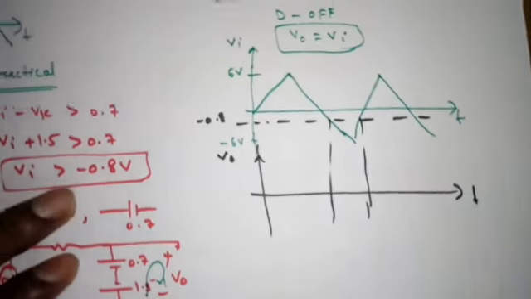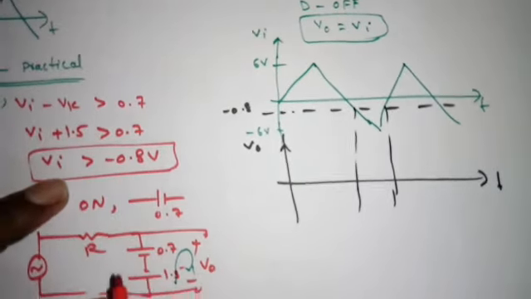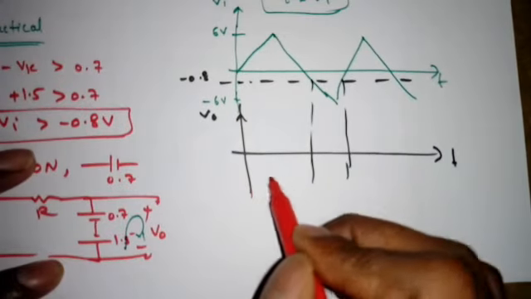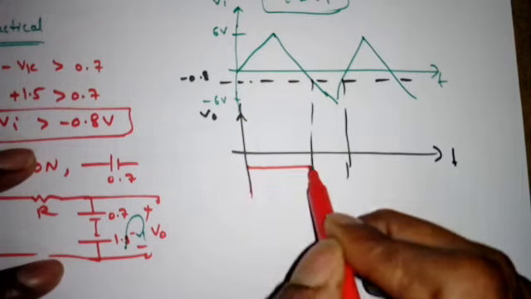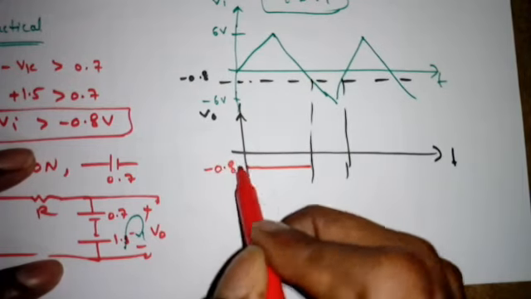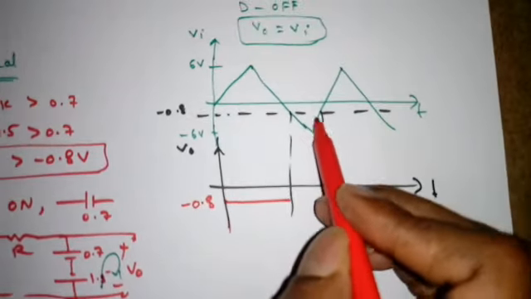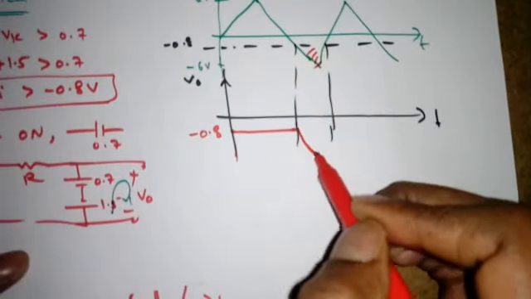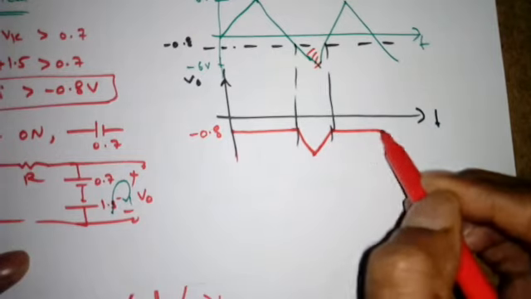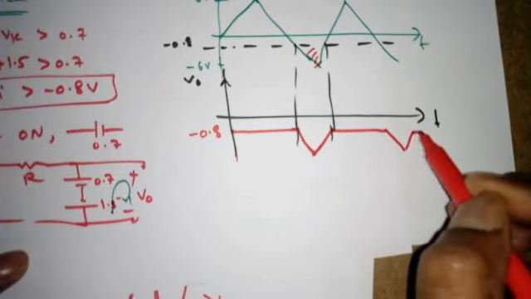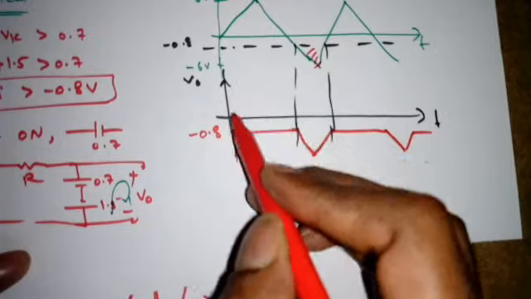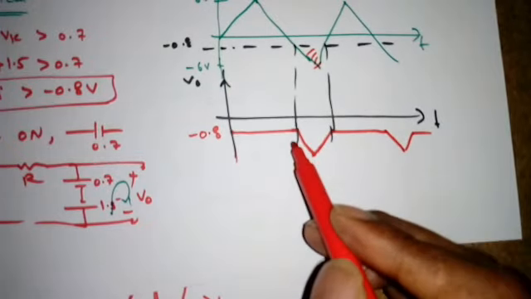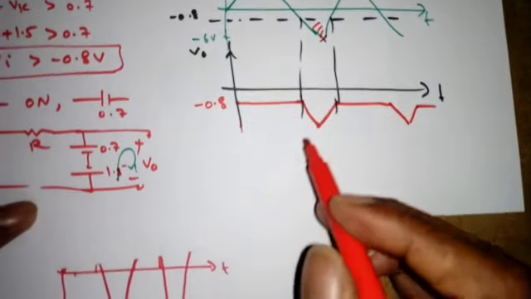Now when Vi is greater than minus 0.8, what is V naught? V naught is equal to minus 0.8. So that means here this is minus 0.8. When Vi is less than minus 0.8, this portion, what is V naught? Vi. So we'll get like this and so on, right? It is totally clipping of the positive half cycle and some portion of the negative half cycle also, no problem, right?